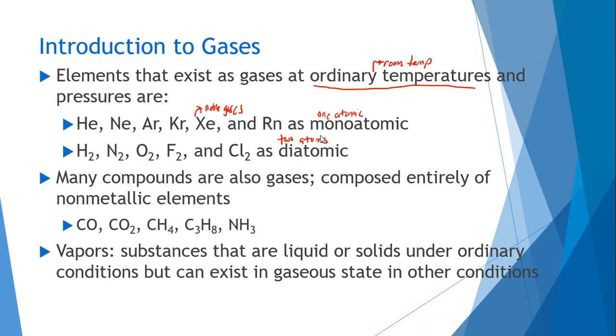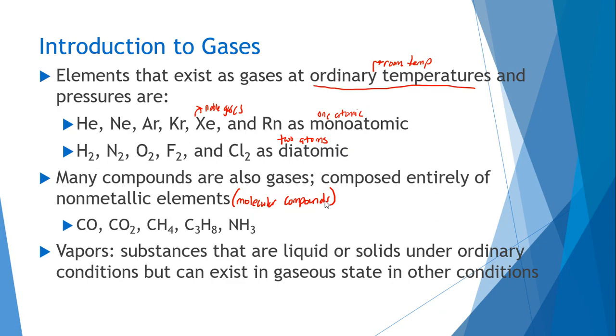Typically, these compounds are going to be composed entirely of non-metallic elements, and all that means is they do not have metals in them. So compounds that are gases typically are formed from nonmetals and metalloids. If you remember back to chemistry, we called these molecular compounds. Down below I have a few examples like carbon monoxide, carbon dioxide, ammonia, etc.